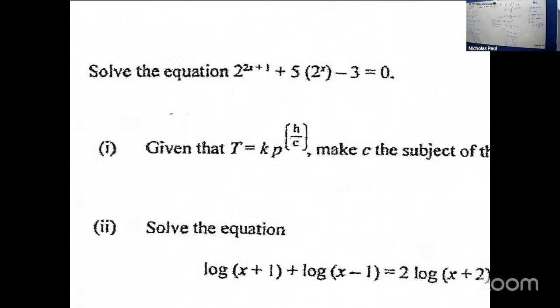So we went back a little easy, right? We went back to the first set. This one is how it will look in the class paper. 2016, number 1.